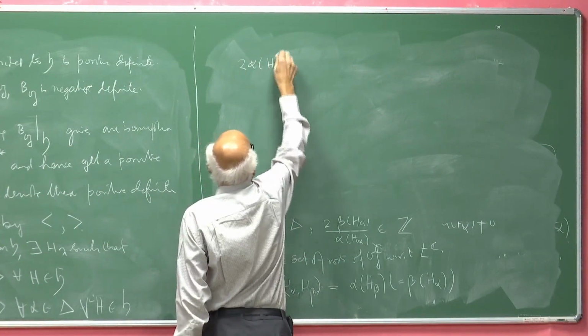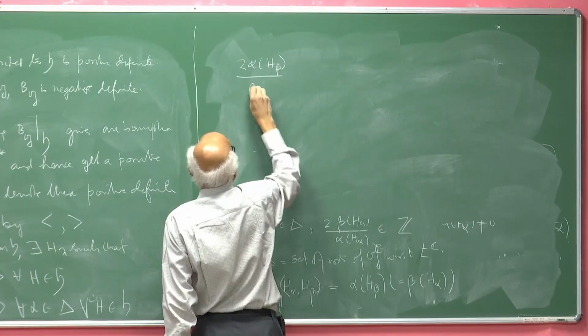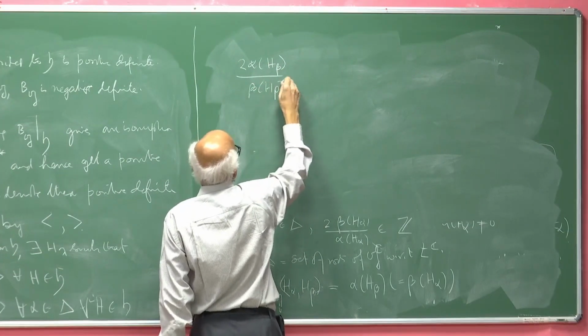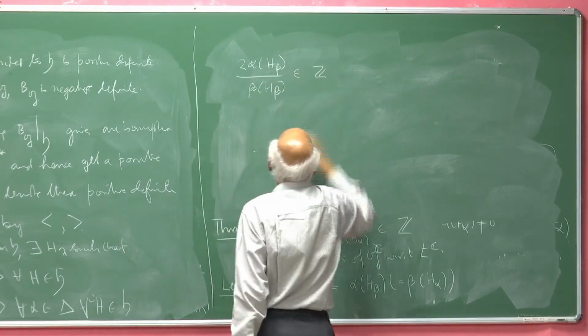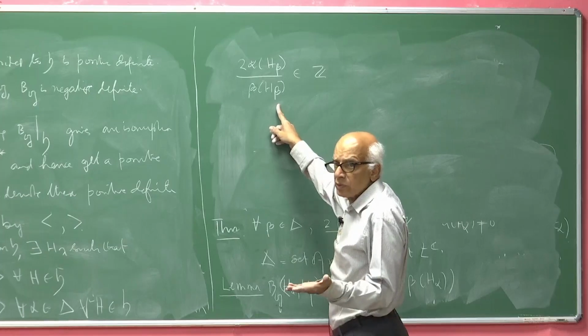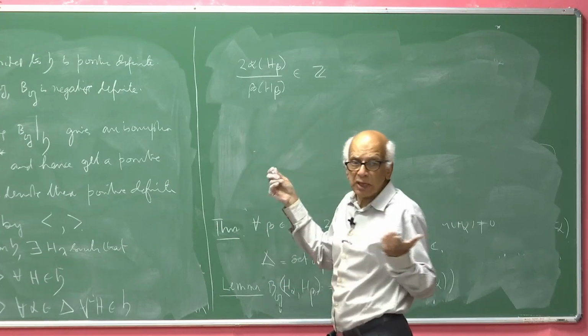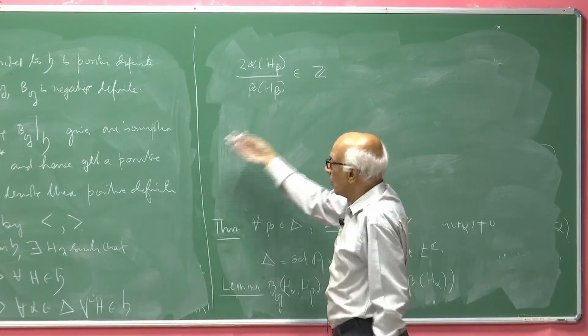We saw that twice alpha of H beta by beta of H beta is an integer, and we also know that beta of H beta is positive, because if H beta is non-zero, beta of H beta is the inner product of H beta with H beta, which is positive since the form is positive definite.